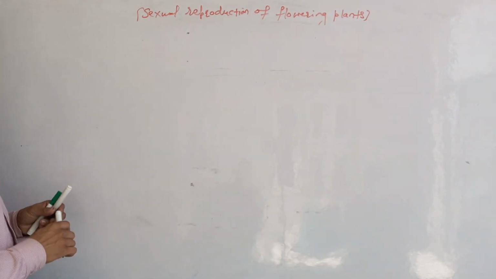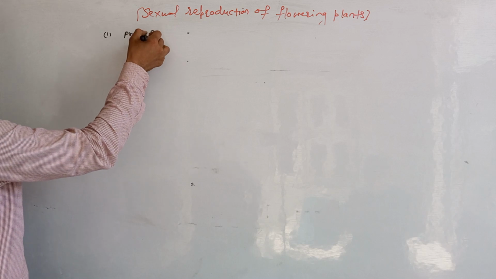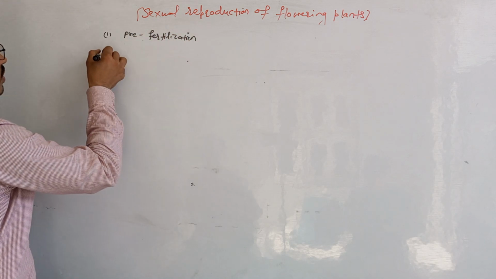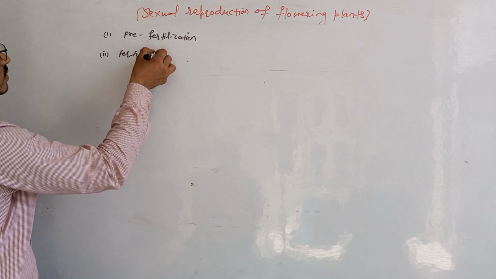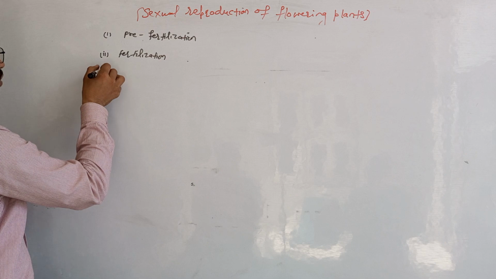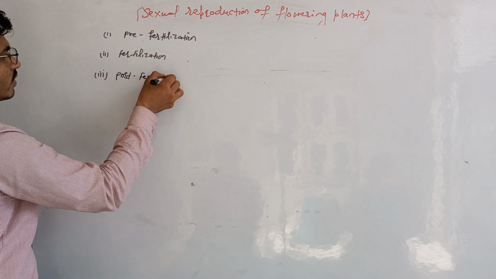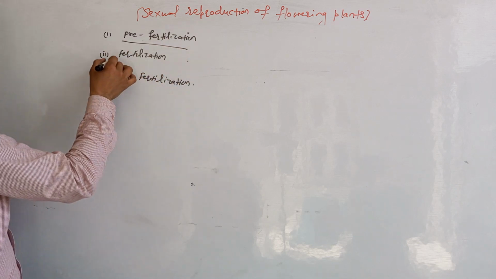There are basically three events: pre-fertilization, fertilization, and post-fertilization. Post means after fertilization. Pre means prior to fertilization.